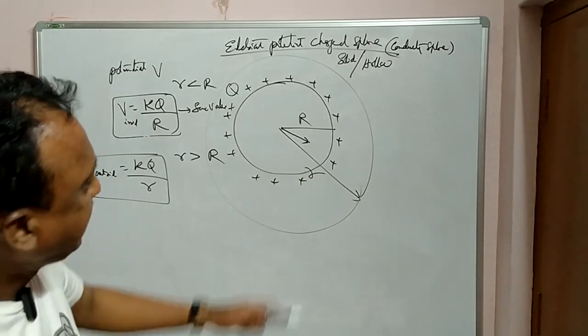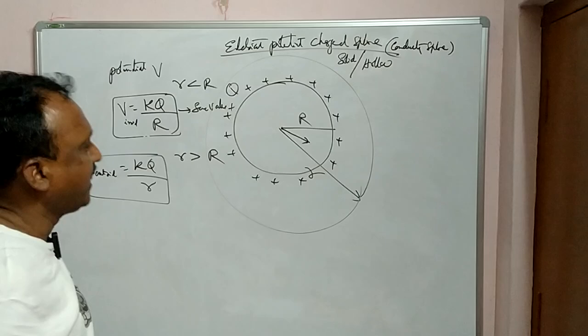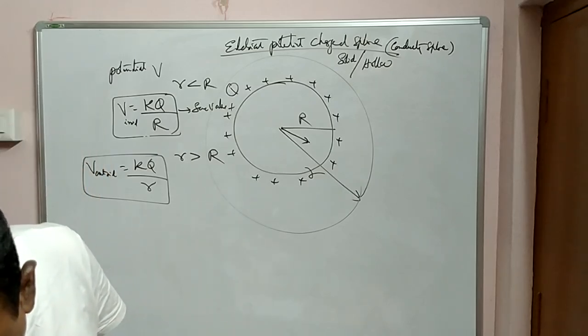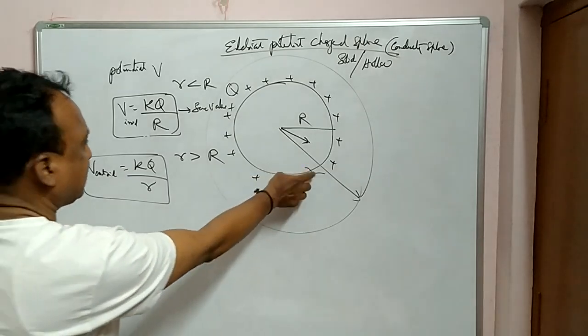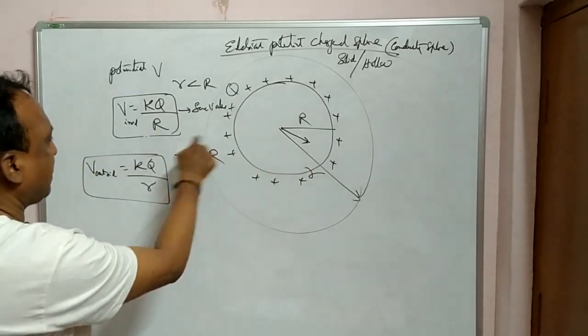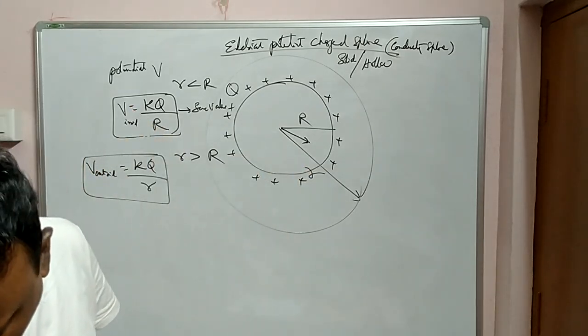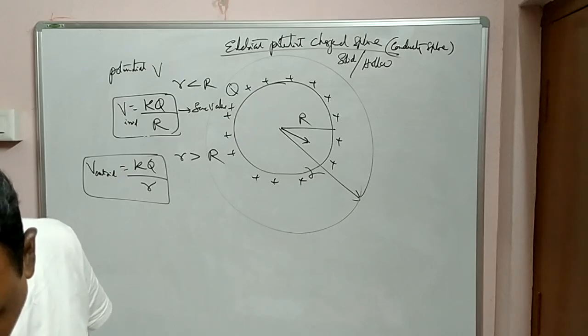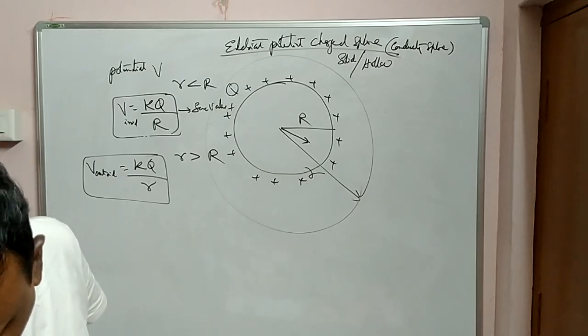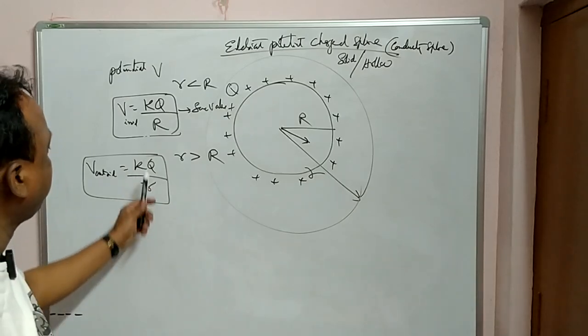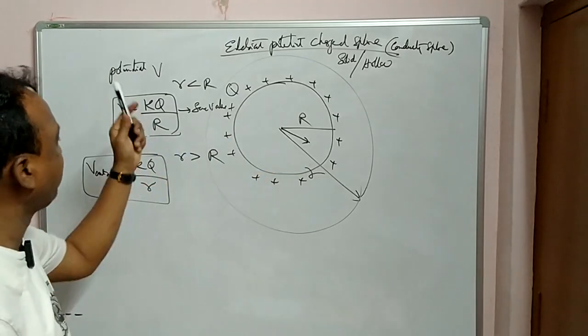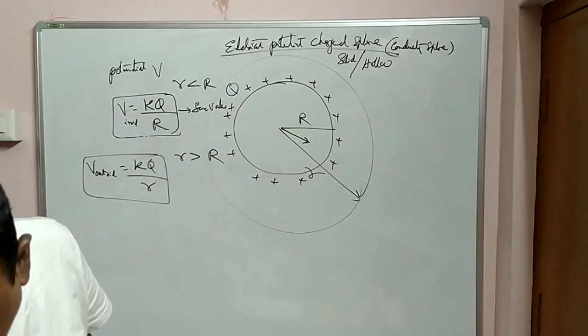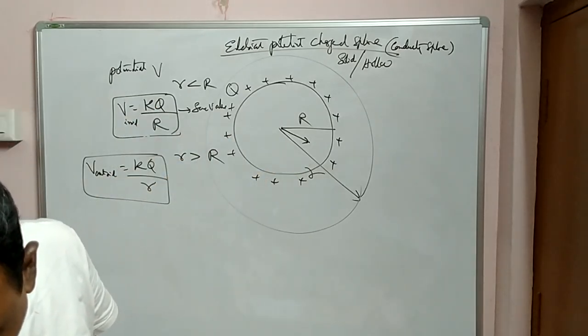And inside and on the surface it is the same value, only KQ by capital R. Inside and surface, KQ by capital R; outside, put small r. On the surface it is capital R, the same value. The only thing that changes outside is KQ by small r. Surface and inside have the same value, KQ by capital R. Clear?